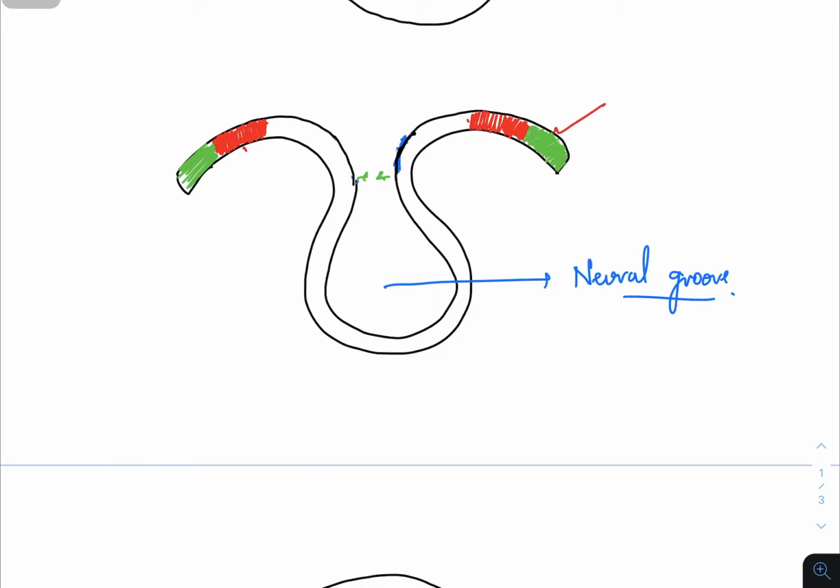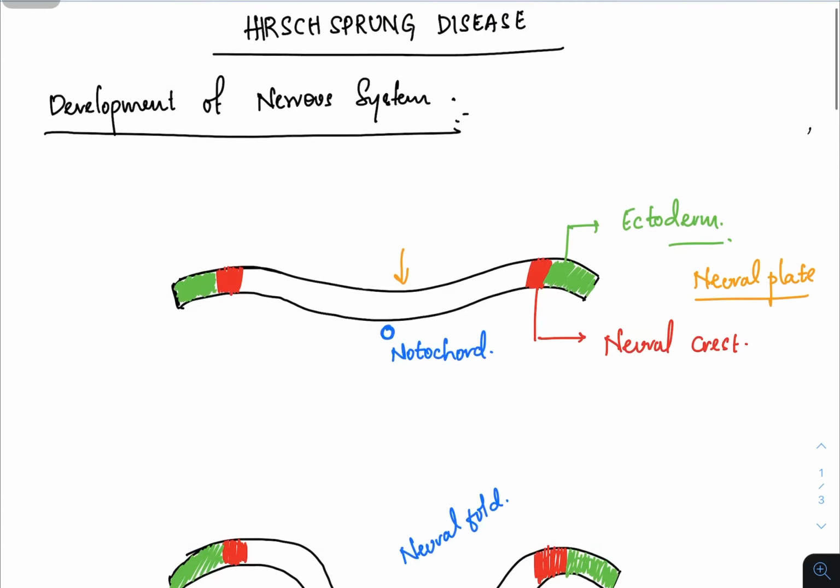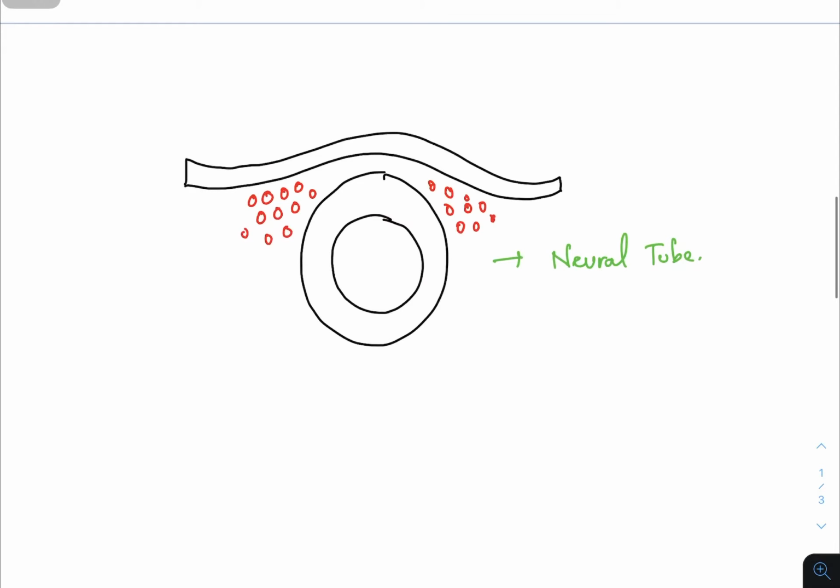So what the neural plate is having is only this green color thing. What is this green color thing? This green color thing you call ectoderm. So when the neural crest cells fall off, the only thing that is left in the plate is completely your ectoderm. So this entire thing is your ectoderm. This is the only thing that is left.